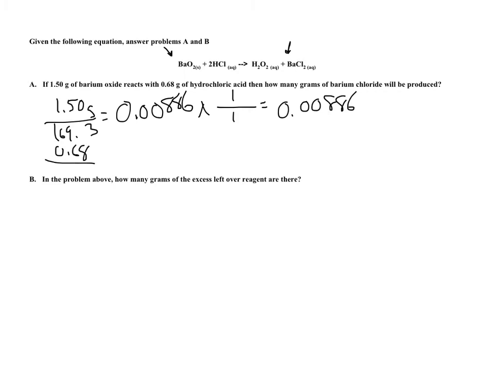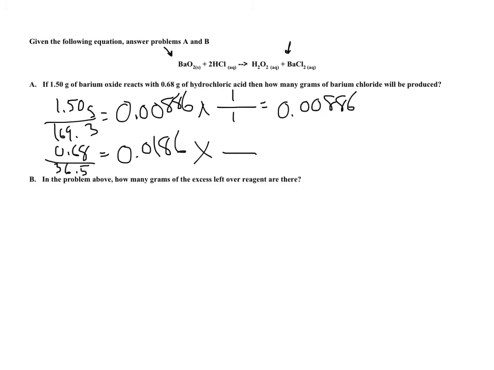Now let's look at the hydrochloric acid, 0.68 grams, and the mass is 36.5, which means there are 0.0186 moles. And you might think at this point, well, obviously that's more than the other one, but you have to take into account the mole ratio. It might be the limiting reactant, or the excess reactant rather, but you have to take into account the coefficients to be sure.